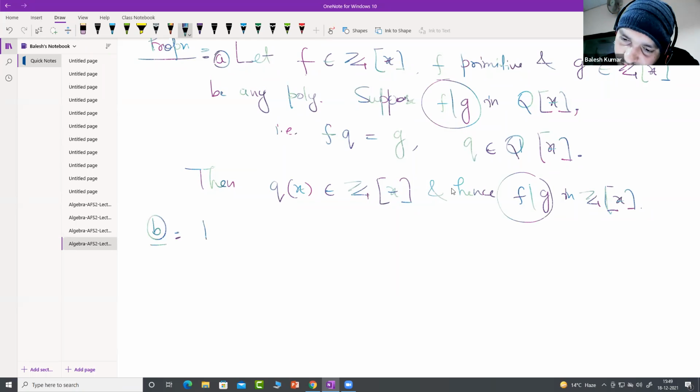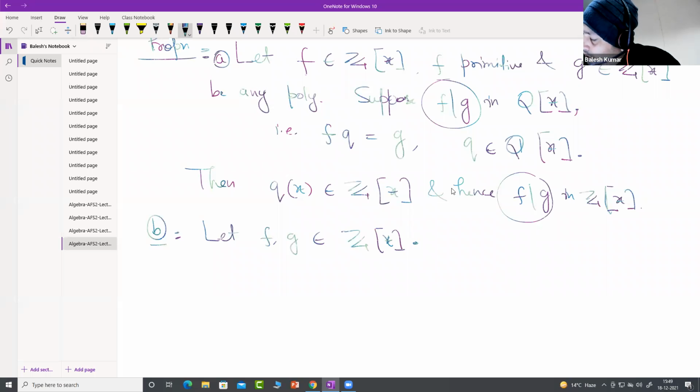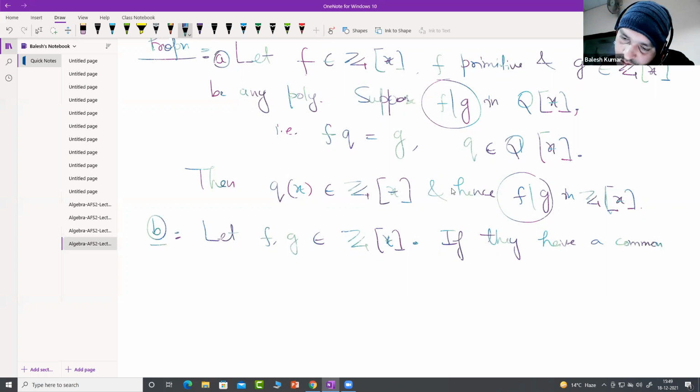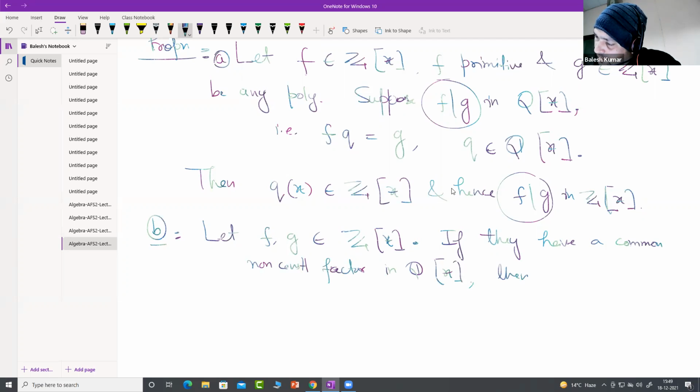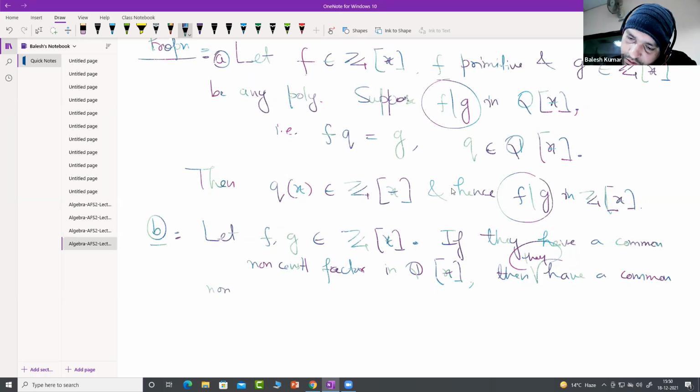The second part is again a consequence of the first part, but let's write it down. If you have two polynomials f and g inside Z[x], and they have a common non-constant factor in Q[x], then they have a common non-constant factor in Z[x] as well.